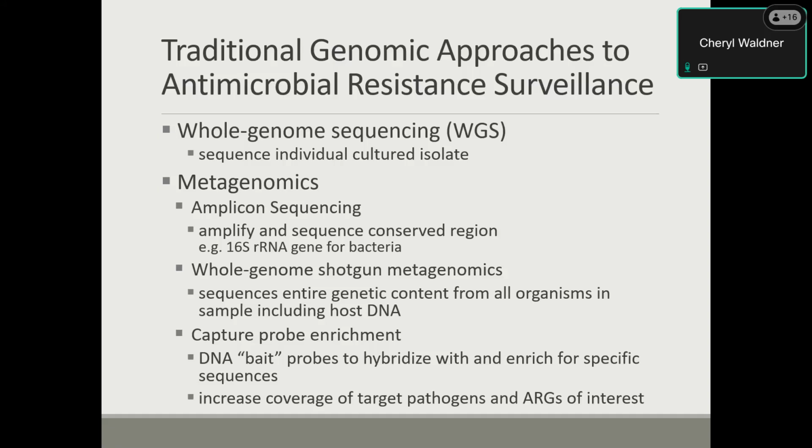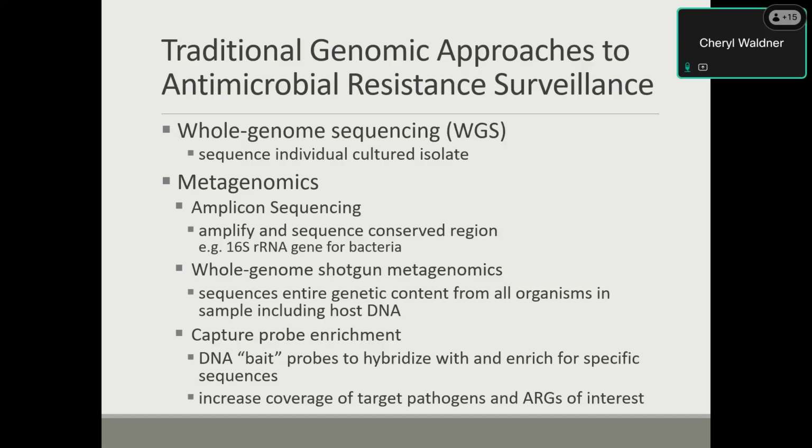More recently, a lot of people have transitioned to whole genome shotgun metagenomic sequencing, basically sequencing all of the DNA content in a sample, which is going to include all of the organisms in the sample, regardless of whether they're bacteria or fungi or whatever else they might be, and the host DNA.